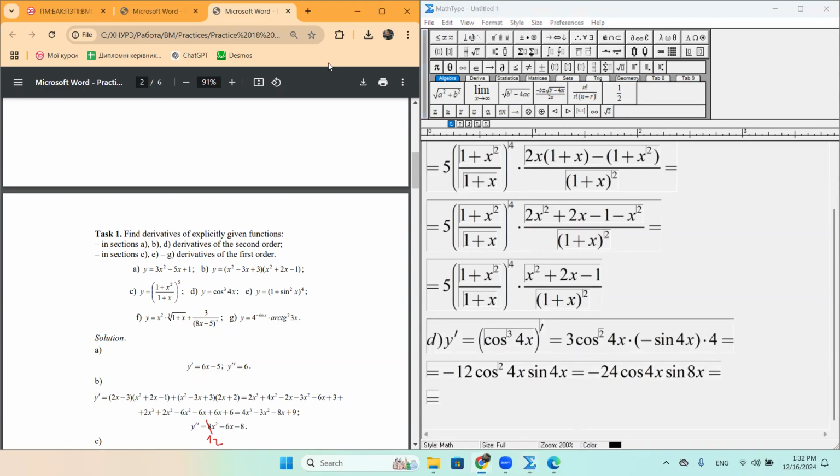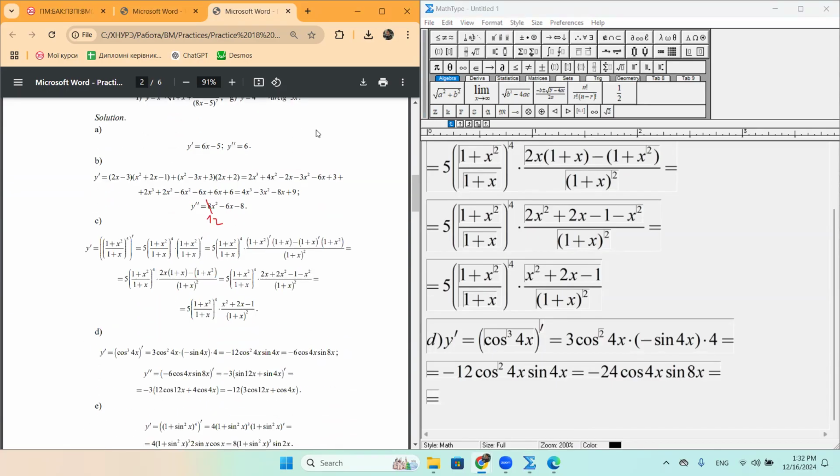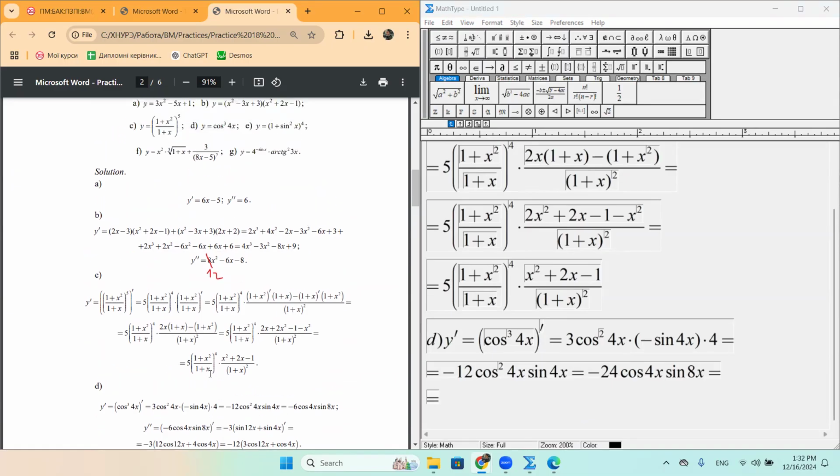By the way, I had to divide. Then we can modify it and transform it to the sum: sine of 12x plus sine of 4x, and it will be easier to differentiate.